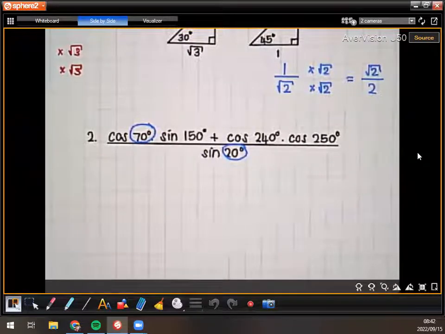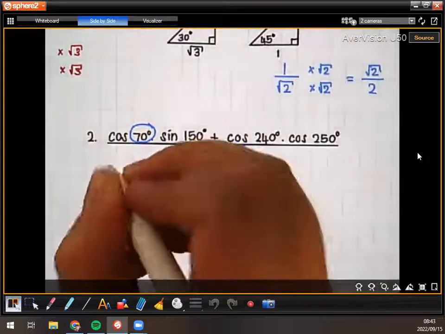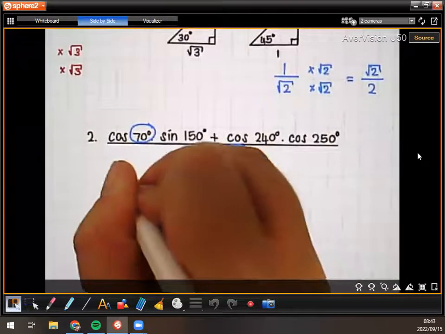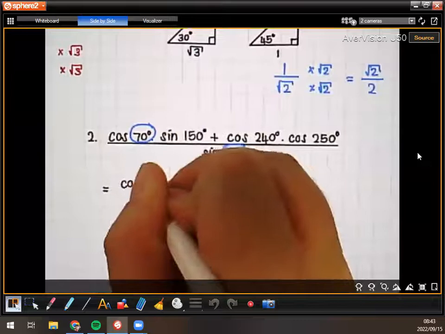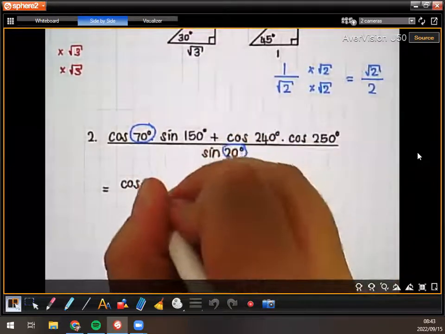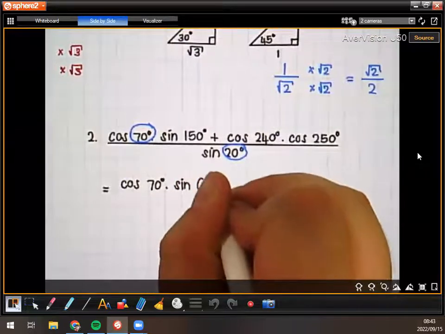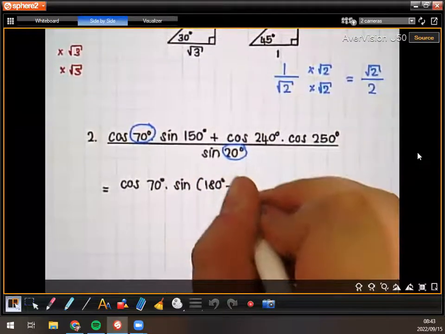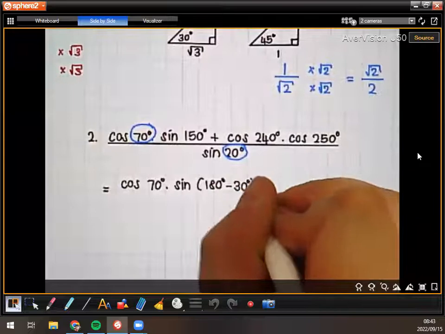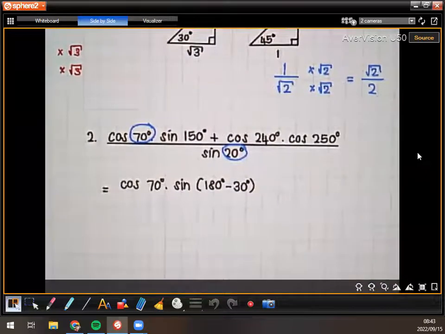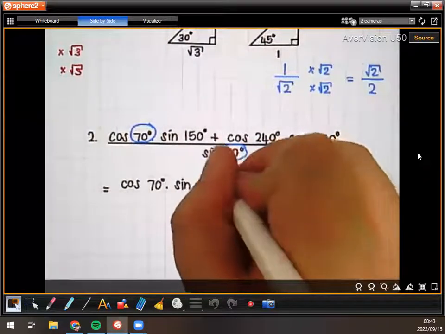So like sine 150, what am I going to rewrite that as? What do you guys think? Yeah, so it's cos 70, there we go, and then sine of 180 minus 50. And that's quadrant 2. So I'll just write that there.